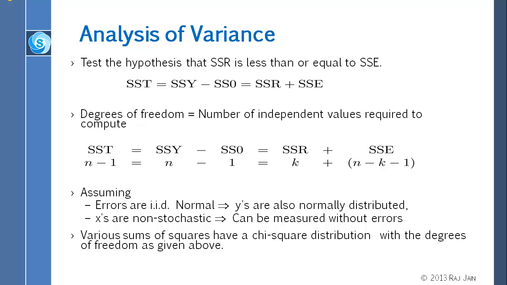Right? In terms of degrees of freedom, n minus 1 equals k plus n minus k minus 1. Okay? So the assumptions are that the errors are IID, normal, and that means Y's are normally distributed, X are non-stochastic, and the various sums of squares have a chi-square distribution, and so on.